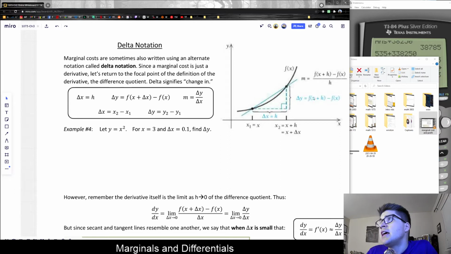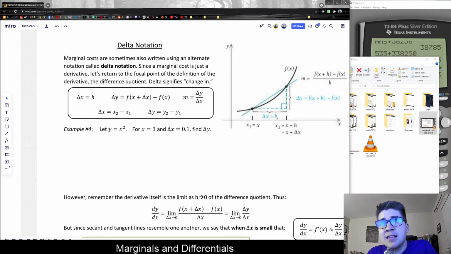And as we know, if we take the limit of the difference quotient as h approaches 0, these points get closer and closer together, and it gives us the slope at a particular point, the tangent line, which is the point of the derivative slope function. This is just a different way of writing the exact same thing. We could also write delta y as f of x plus delta x minus f of x, because h is just equivalent to delta x.